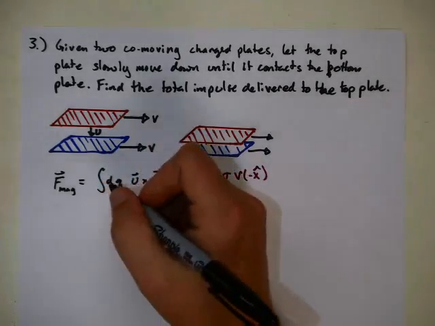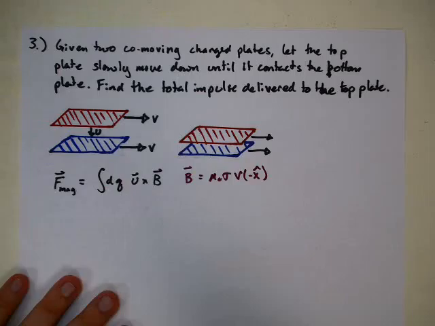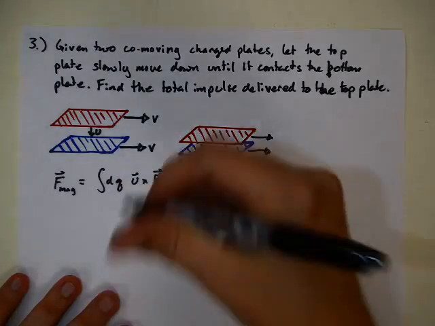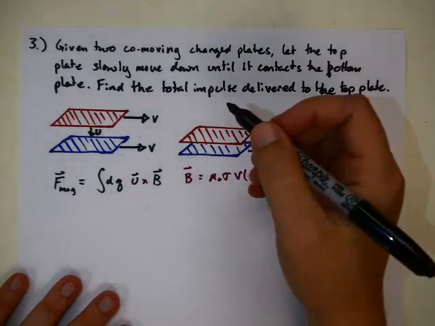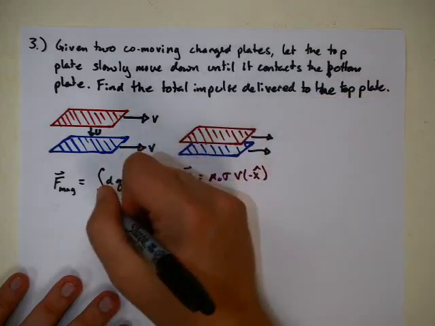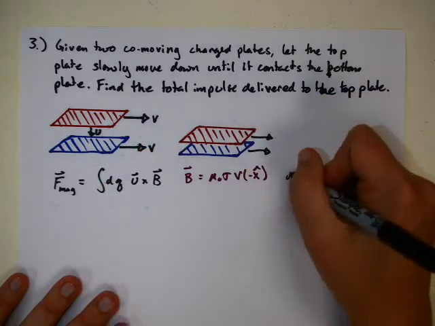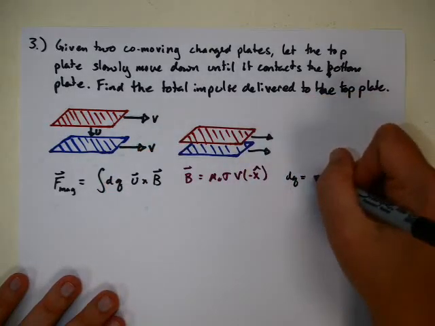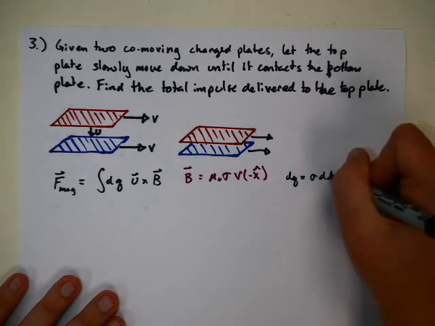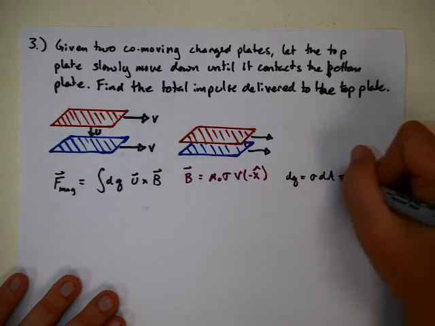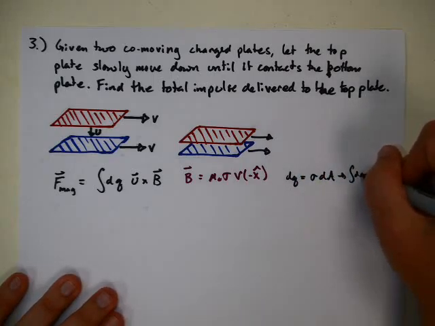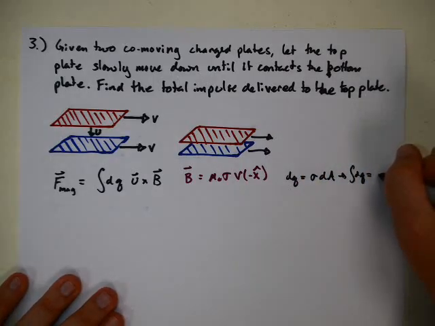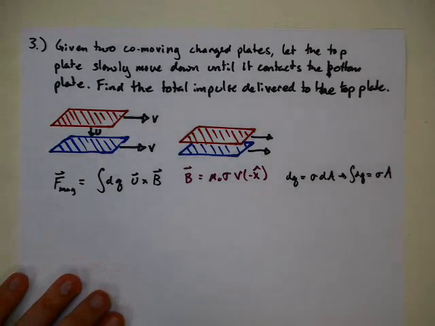What is dq for us? What is the integral of dq for us? Well, that's actually going to be the upper plate, which has dq is sigma dA, and so for us, that means that the integral of dq is going to equal sigma times A.